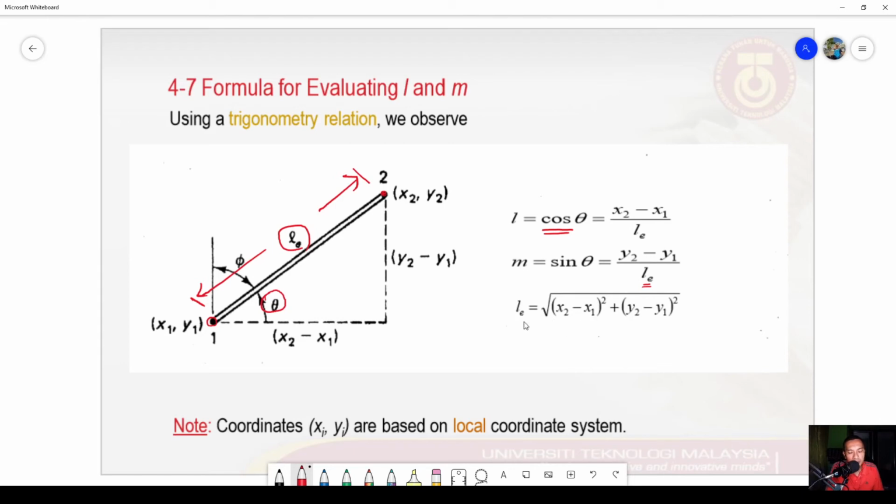Then the length of the element can be obtained by taking the square root of the distance between the 2 points in the x direction squared plus the distance in the y direction squared. So this will bring us the exact length of our element as we measure along it.